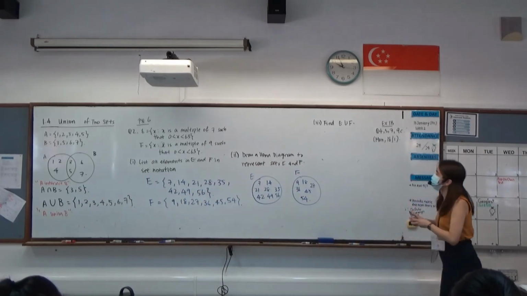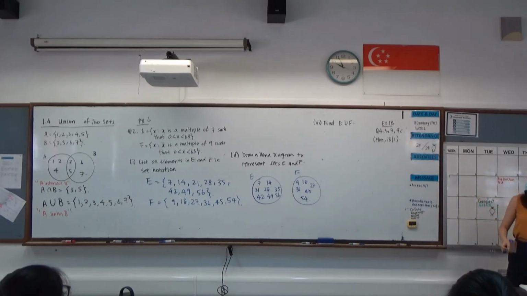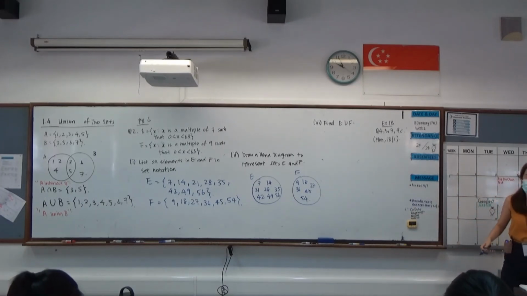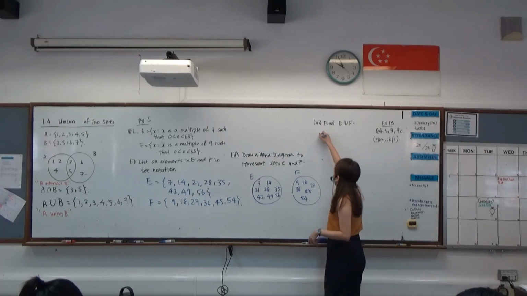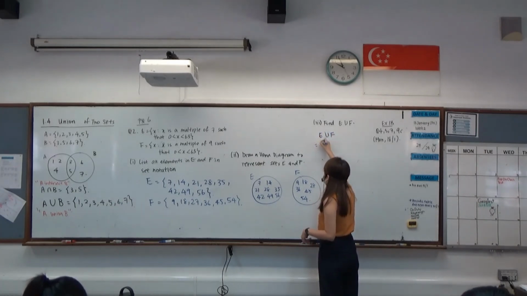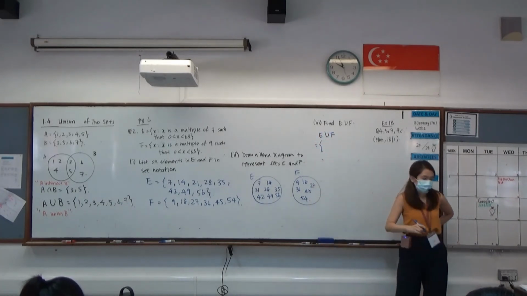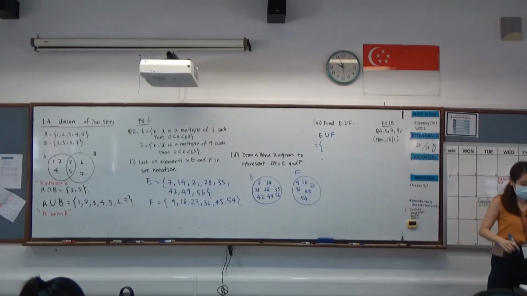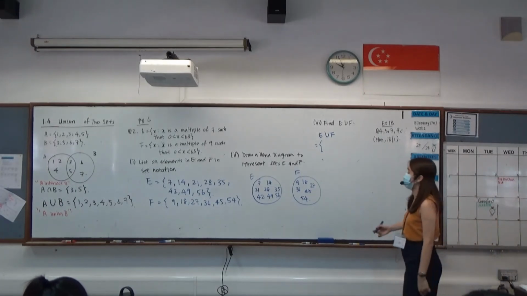Then in part 3, we want to find E union F. What would that be? It should be everything that we can find in E and F, right?